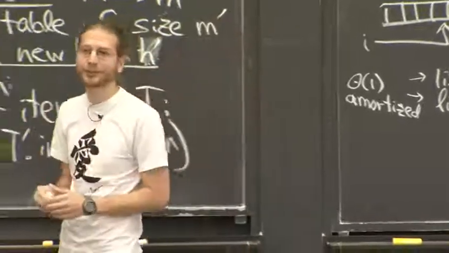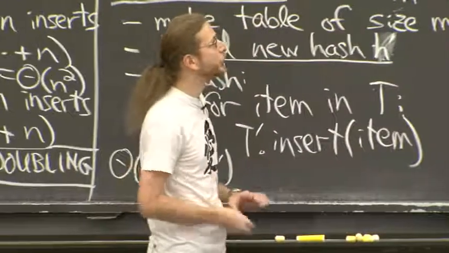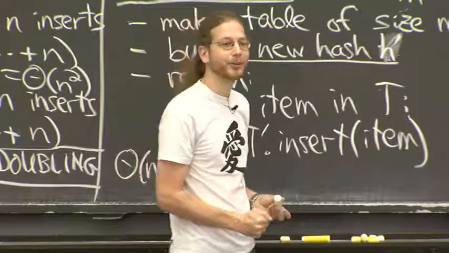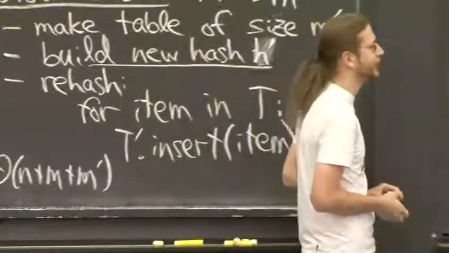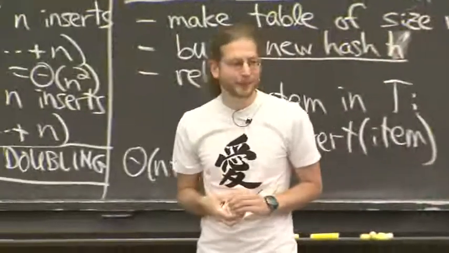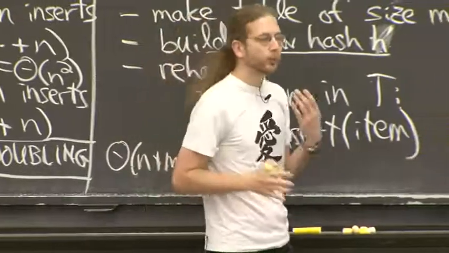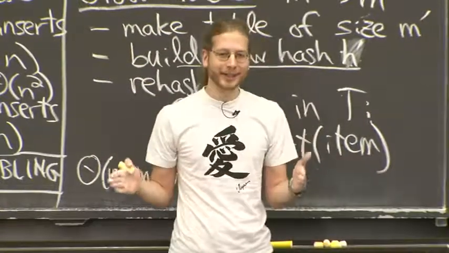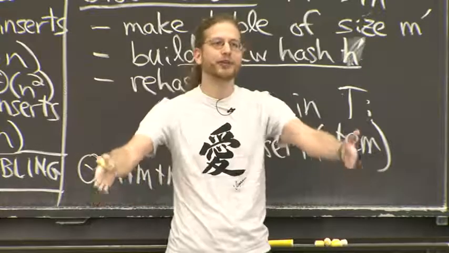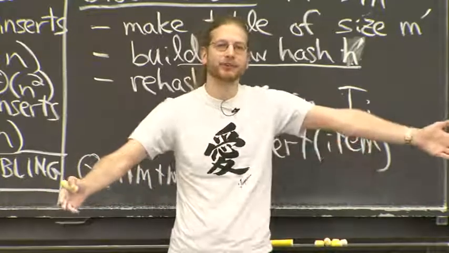Now, for fun, just in case you're curious, you can do all of this stuff in constant worst case time per operation. Maybe a fun exercise. Do you want to know how? Yeah. The rough idea is when you realize that you're getting kind of full, you start building on the side a new table of twice the size.